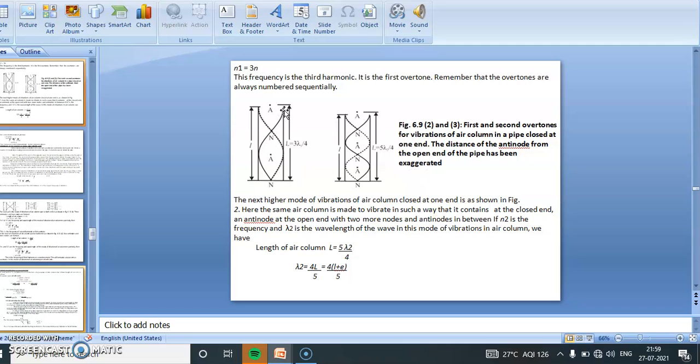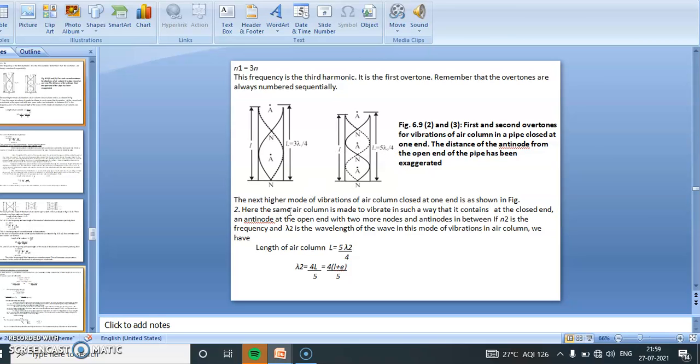Okay. See here. 2 nodes, 2 antinodes. 3 nodes, 3 antinodes. Okay. Length of air column is 3 lambda 1 by 4. Length of air column is 5 lambda 2 by 4.